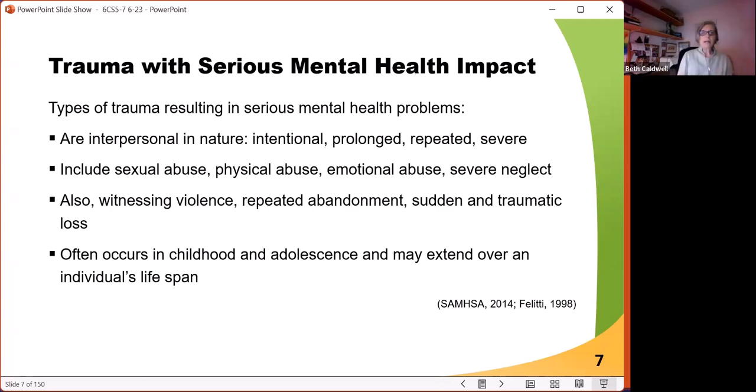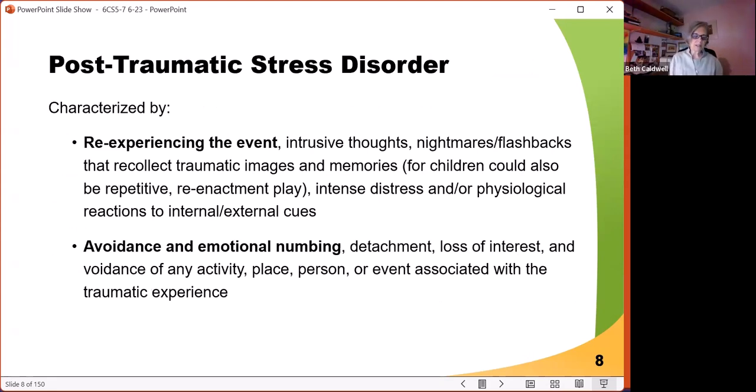So next slide, we actually shared this slide yesterday. It's important for all of us to continue to remember that post-traumatic stress disorder is characterized by internally re-experiencing the event. We're not able to see this in the persons we're serving. It's an internal re-experiencing of that event, and they can have avoidance and numbing.